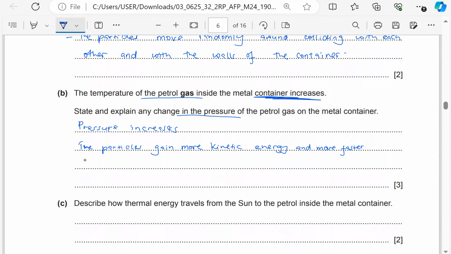What is the effect? If they move faster, it means there will be more frequent collisions with the walls of the container.